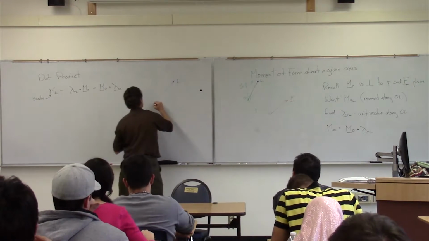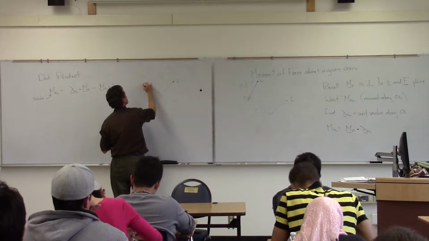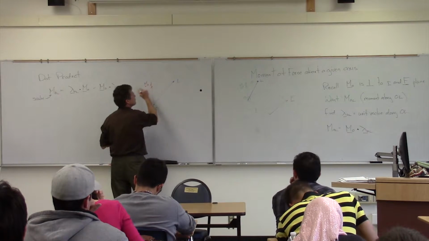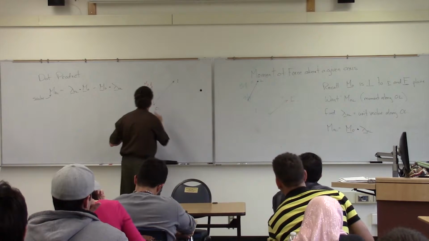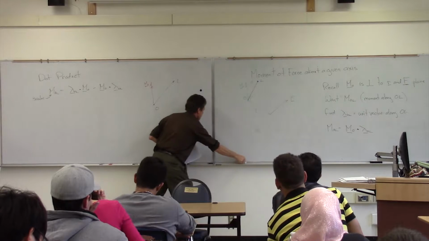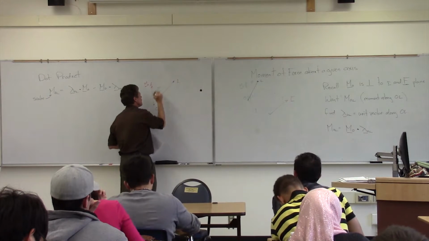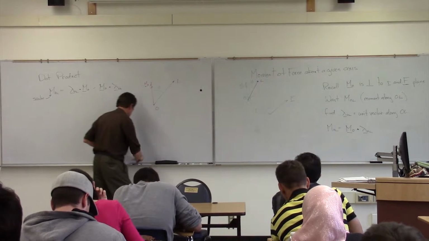So again, we'll go back to our picture here. I had drawn there a little earlier. So my moment, I keep changing colors on you here too, my moment is in that direction there. I want to project it there, and there's going to be some angle here between those two vectors.